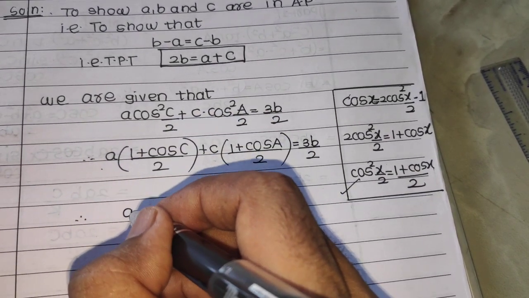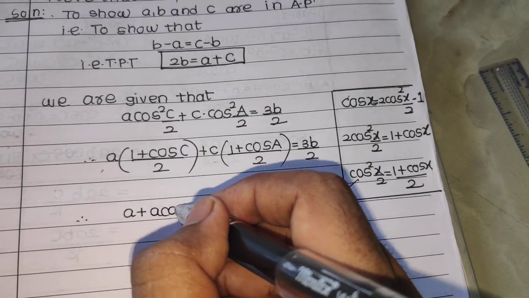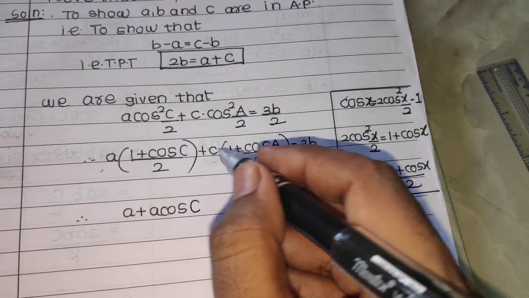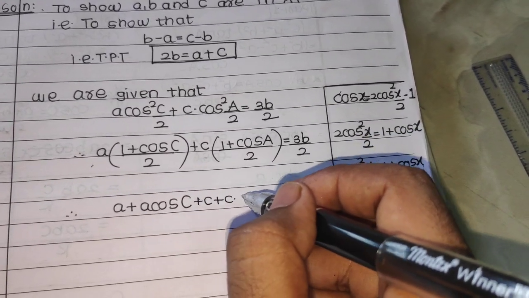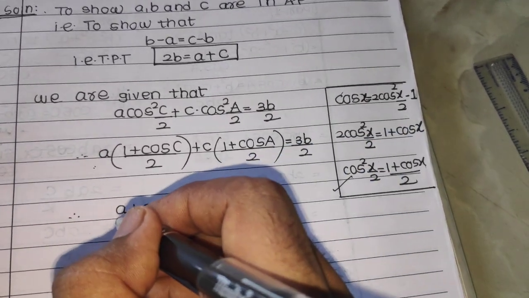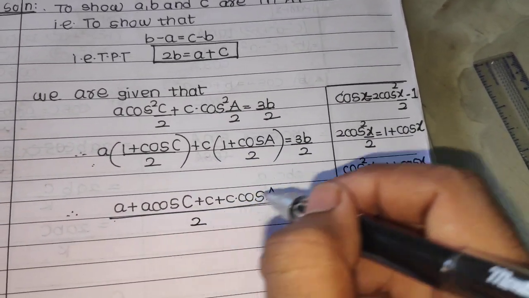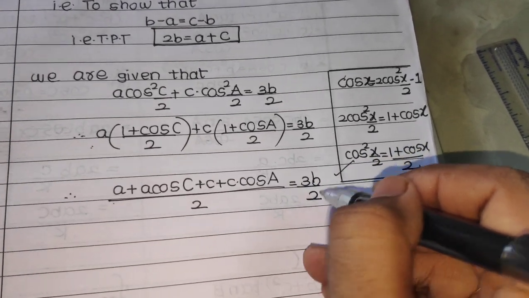A multiplied with 1 is a, a multiplied with cos C, c multiplied with 1, and c multiplied with cos A, the whole divided by 2 equal to 3b upon 2.